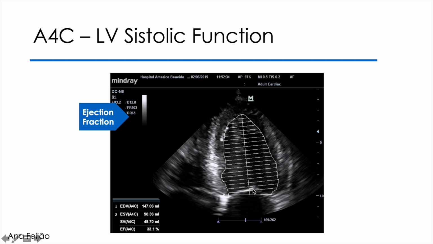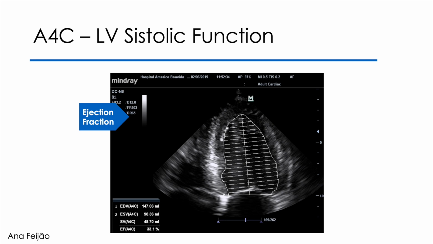Once completed, I press to finalize, and it gives us the left ventricle end-diastolic volume. After measuring in telediastole, I do the same procedure in telesystole. At the end, the software calculates the relationship between the systolic and the diastolic volume with the value of the ejection fraction.